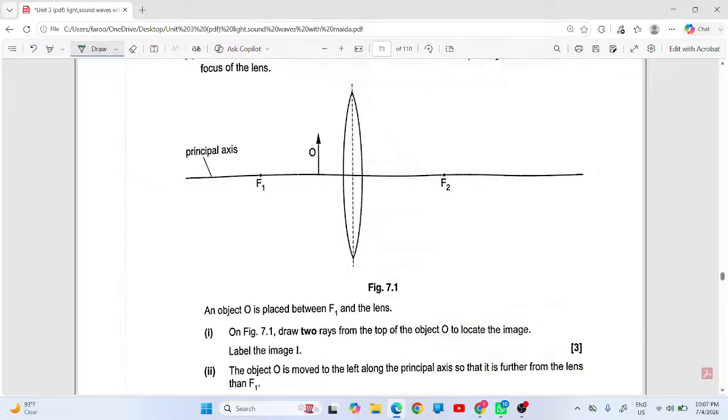ये बचे मैग्नीफाइंग ग्लास वाला ही है because the object is placed between the lens and the focus. So one ray is parallel, it will pass through the focus.